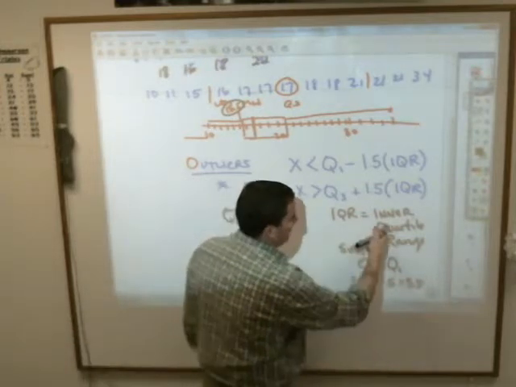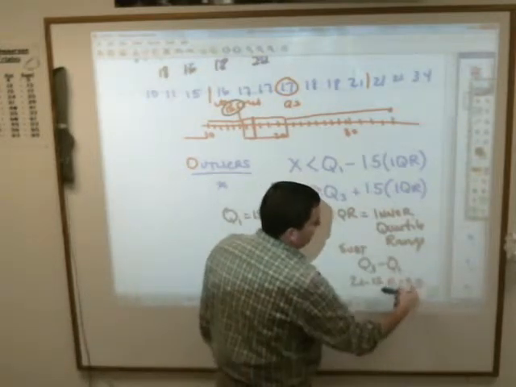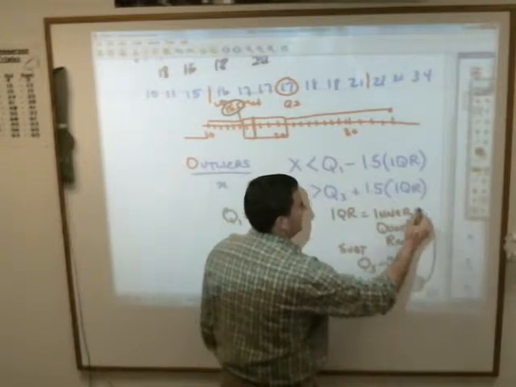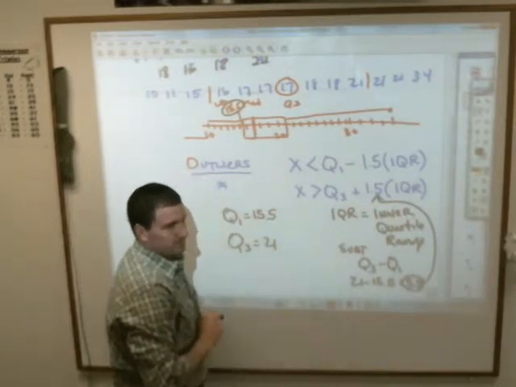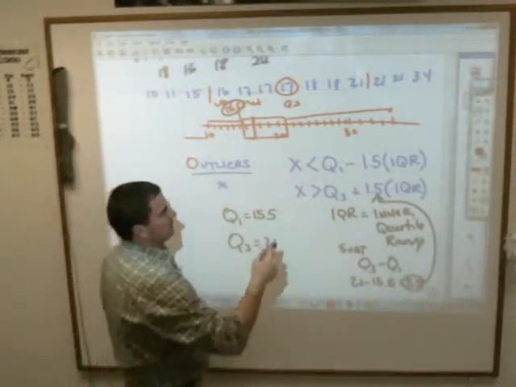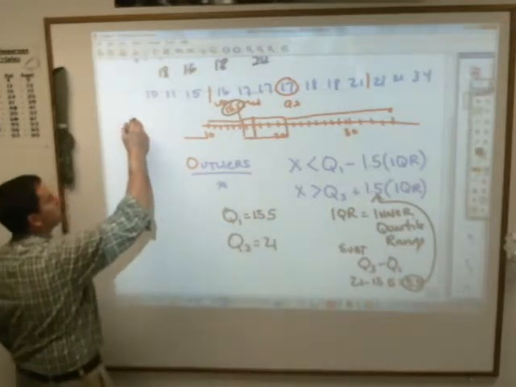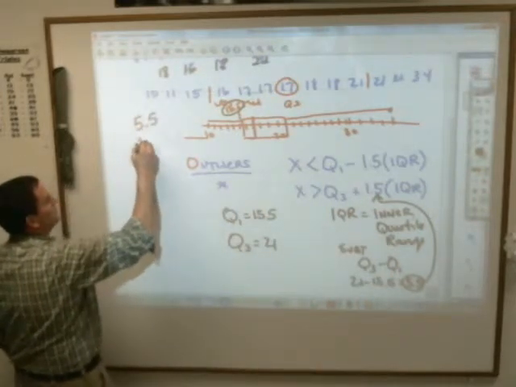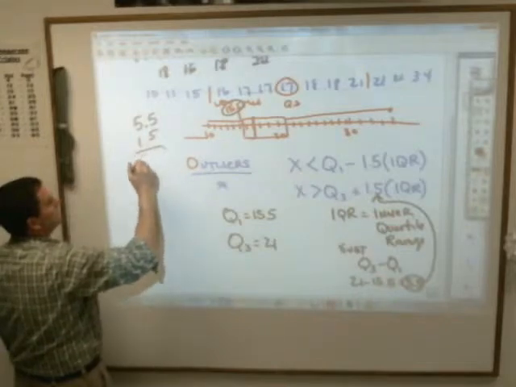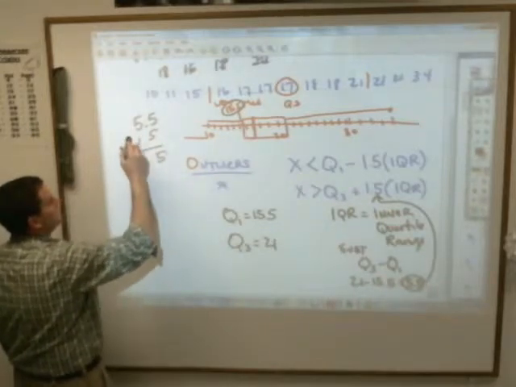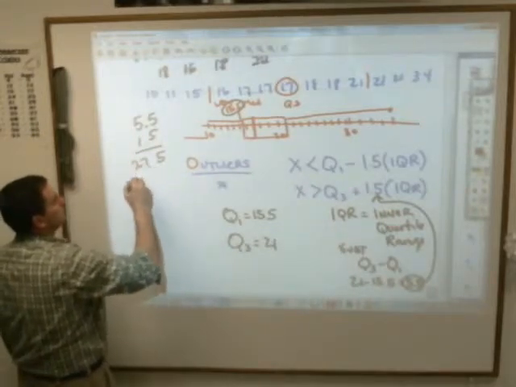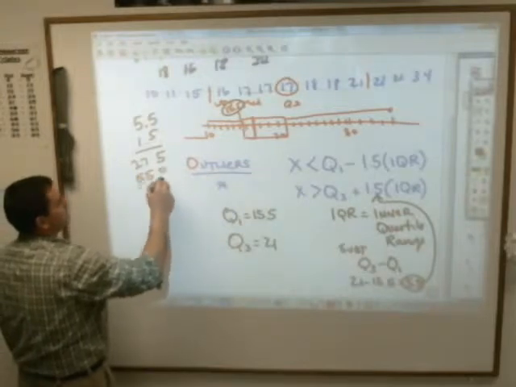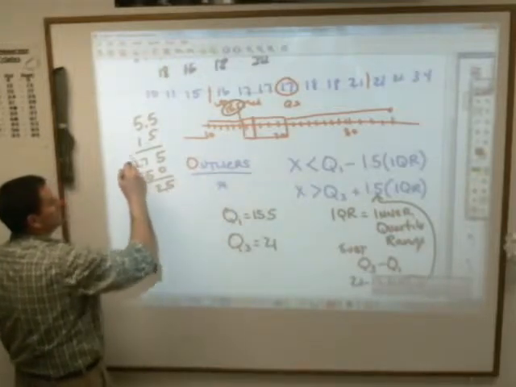Once you find that range, you have to take 5.5 and multiply it by 1.5. When you take 5.5 and multiply it by 1.5, what's that? 8.25.